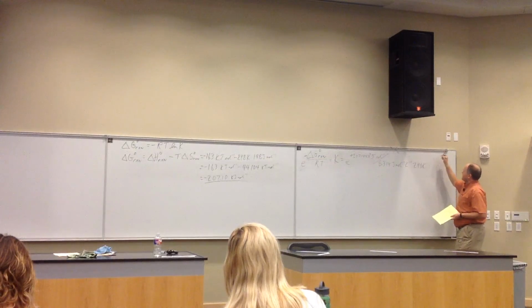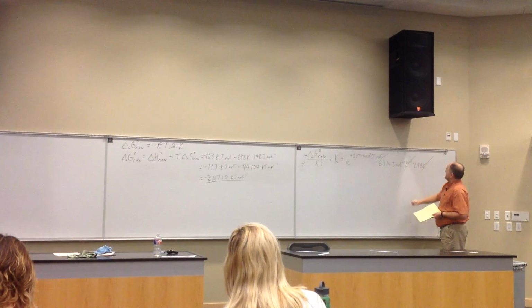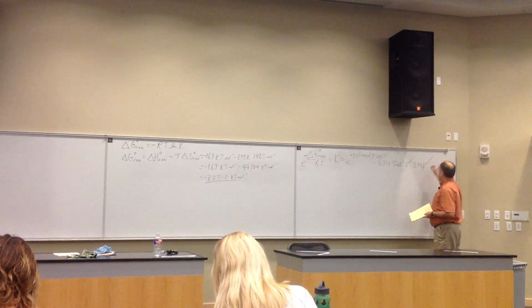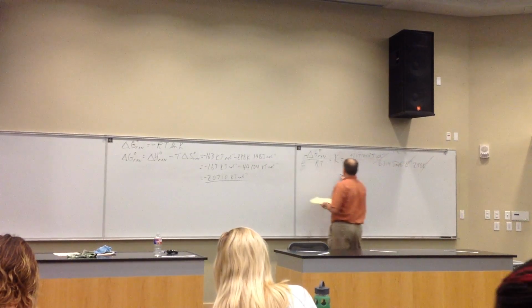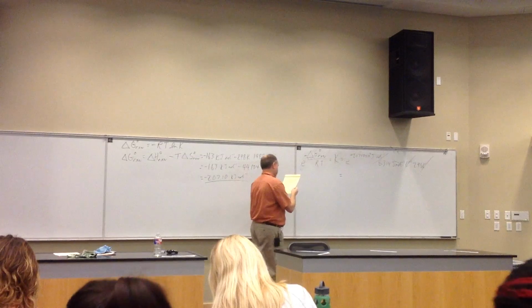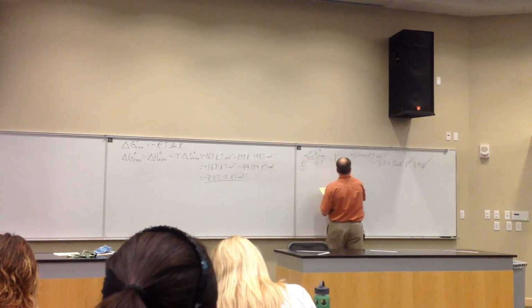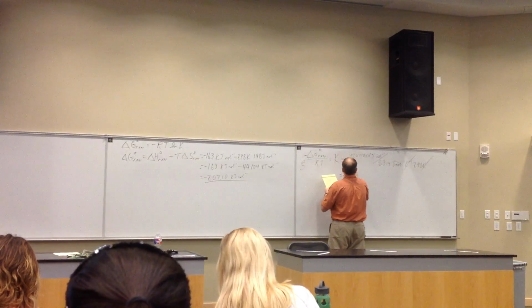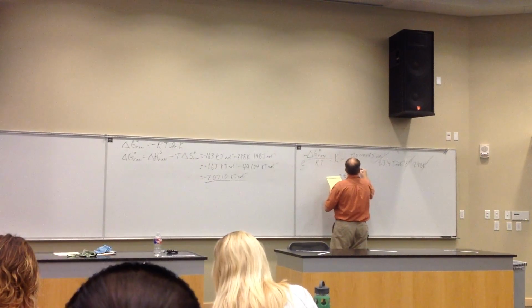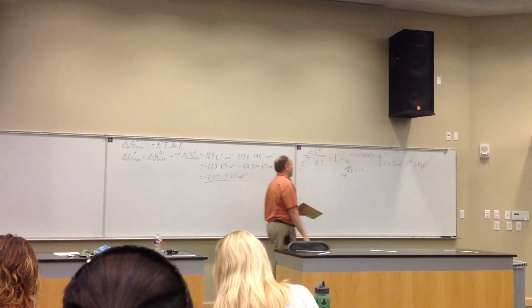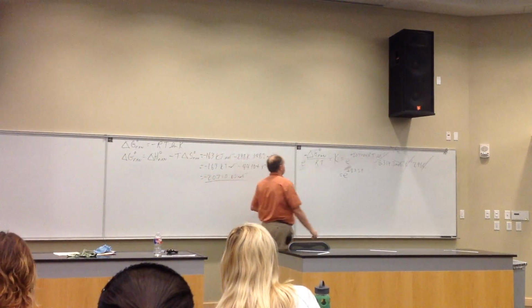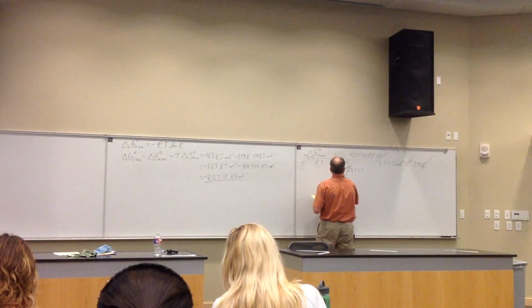My Kelvins cancel. My joules per mole also cancel. So I'm going to have e to the positive 83.59, and it is a dimensionless quantity, no units. It's all equal to K.